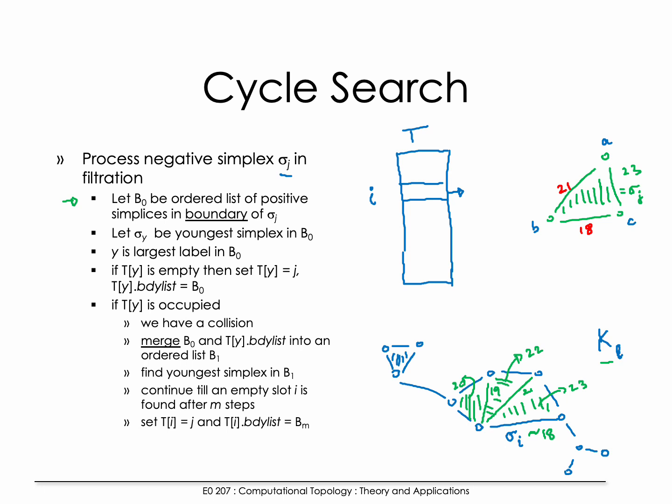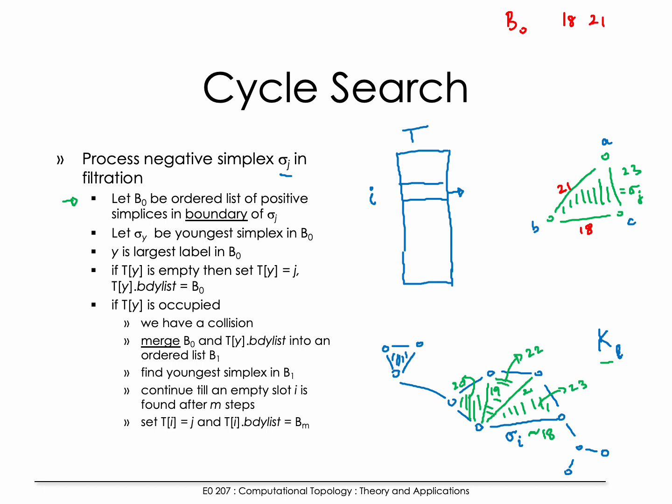The cycle that it killed is the boundary of the triangle sigma sub j that consists of 3 edges, and I look only at positive edges because those are the only potential pairs. Which is why I have 21 and 18 in the boundary, right? So let's write that somewhere else.